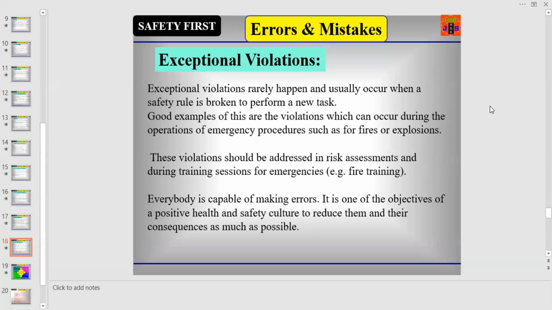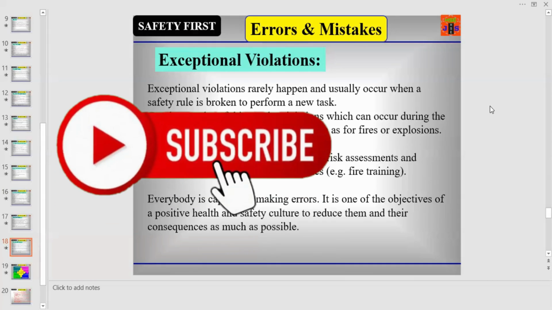These violations should be addressed in risk assessments and during the training sessions for emergencies, for example, fire trainings. Everybody is capable of making errors. It is one of the objectives of a positive health and safety culture to reduce them and their consequences as much as possible.